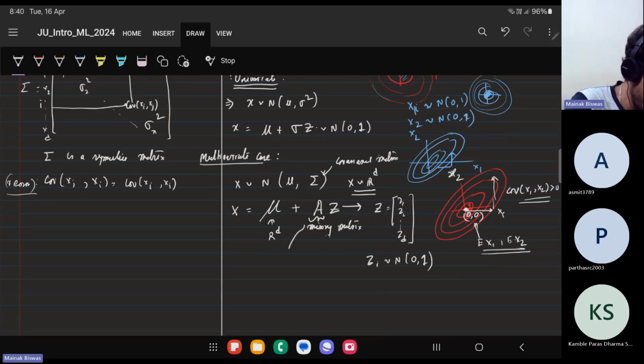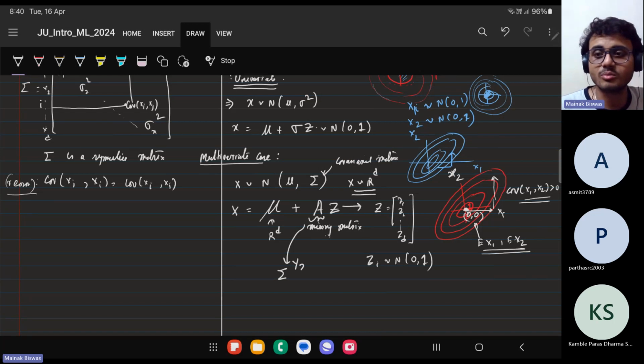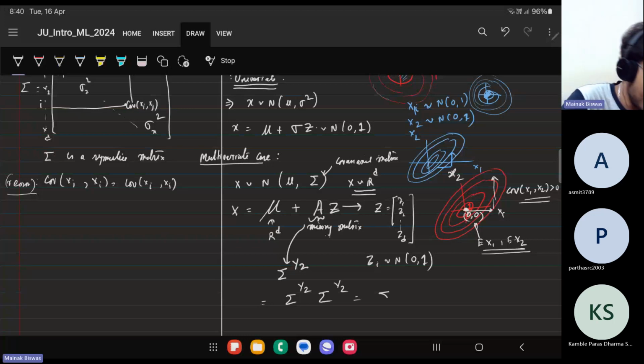And this A is found to be sigma to the power half. It does not mean that you make every number half. What does this mean? Sigma half into sigma half is equal to sigma, or A squared is equal to sigma. This is how you solve for A.